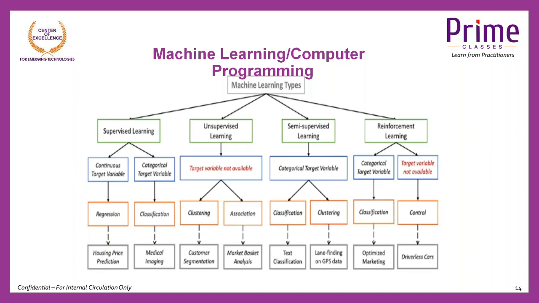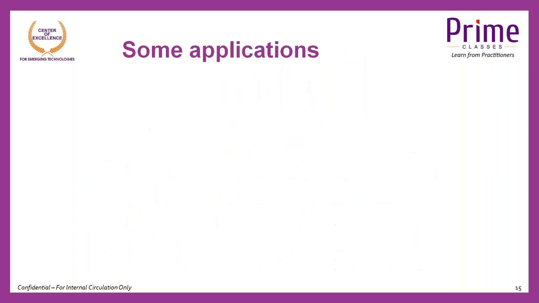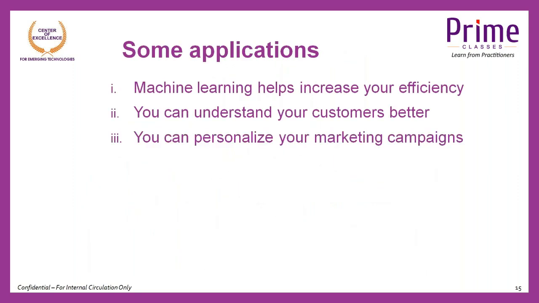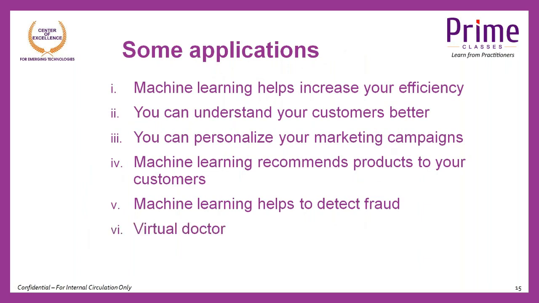As I said, we will focus on regression and classification for our discussion today. There are some applications of machine learning, and this is what I have been talking about for some time now: how it can increase your efficiency. We don't have to write big lines of code. Typically with machine learning code, and tomorrow we'll see, we can achieve a lot of things within just a line or two.